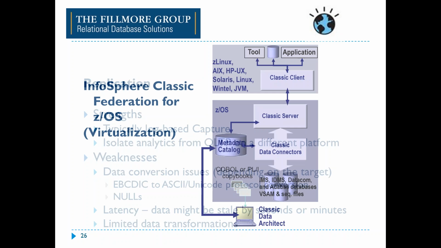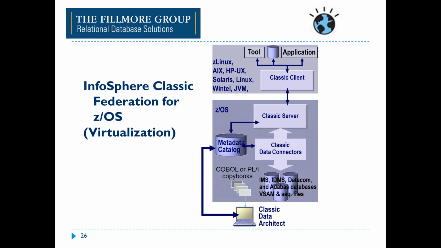So that's replication. Federation, on the other hand, says instead of making another copy of the data and putting it someplace else, I'm going to go get the data where it is right now. So the virtualization, which is a generic term like HTAP, is instantiated from the IBM perspective via the InfoSphere Classic Federation for z/OS.